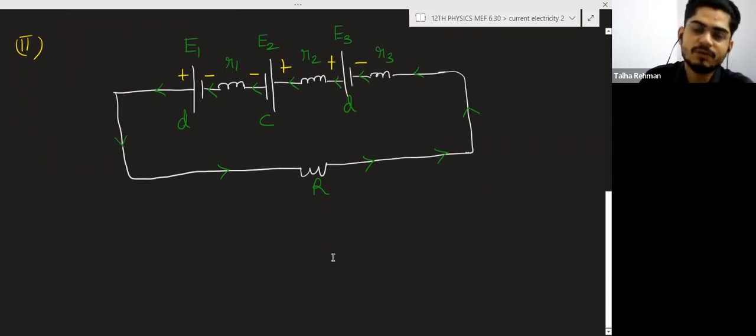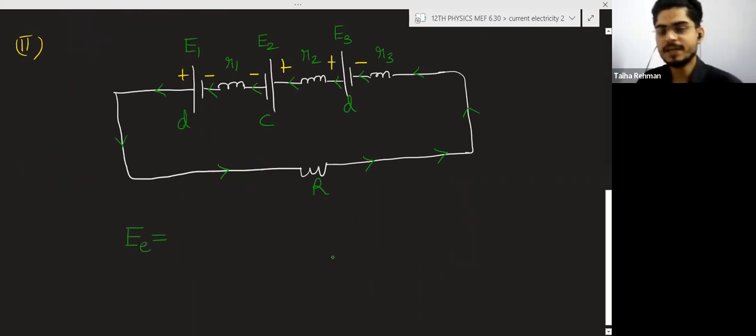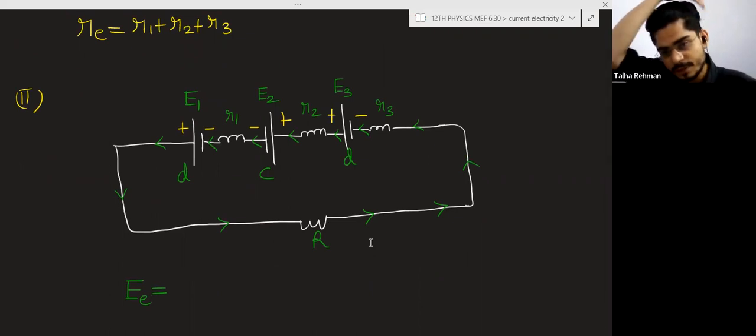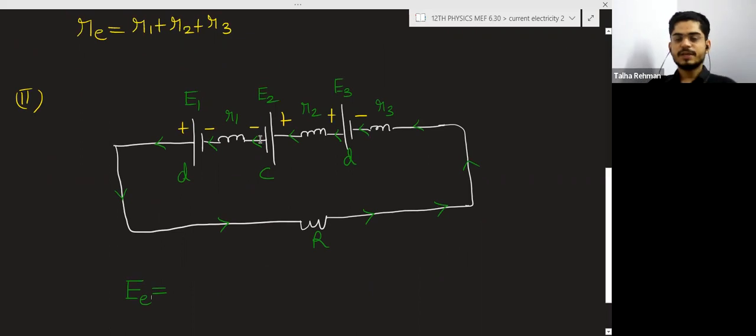So how will you calculate the equivalent EMF? Either you can take the charging as positive, or you can take the discharging as positive. That means you can take the charging EMF as positive or the discharging EMF as positive.